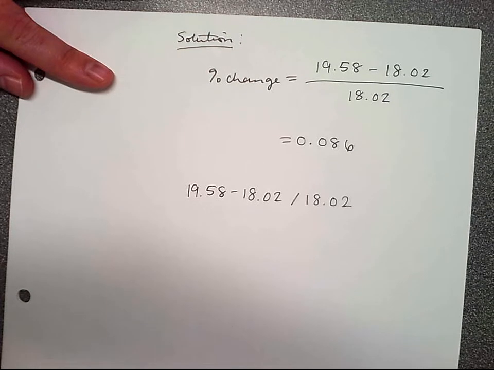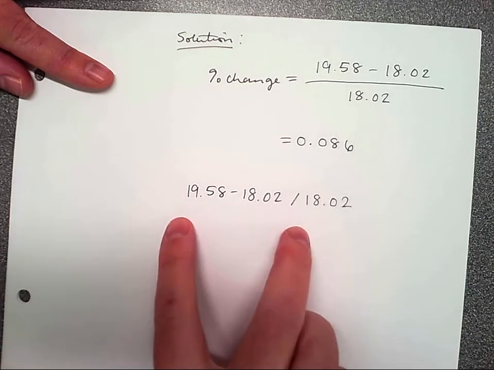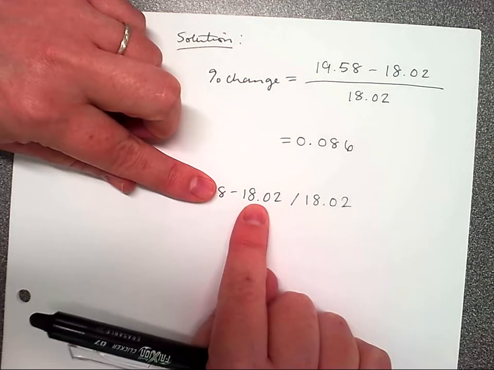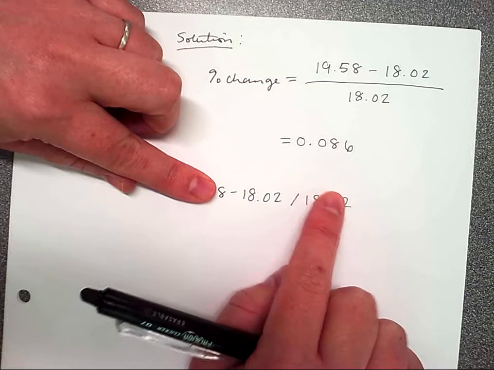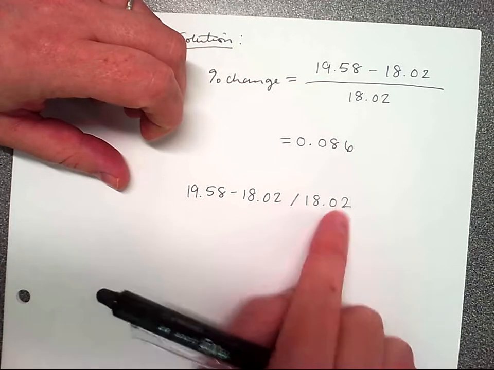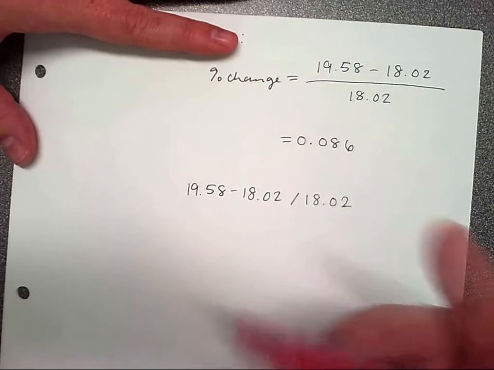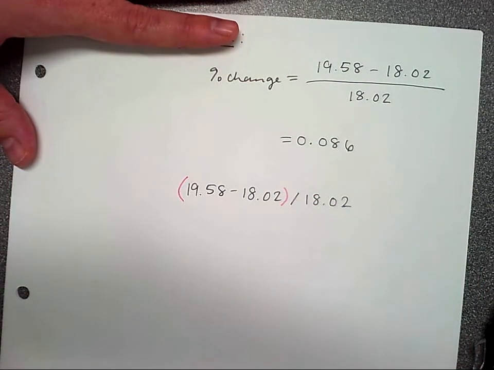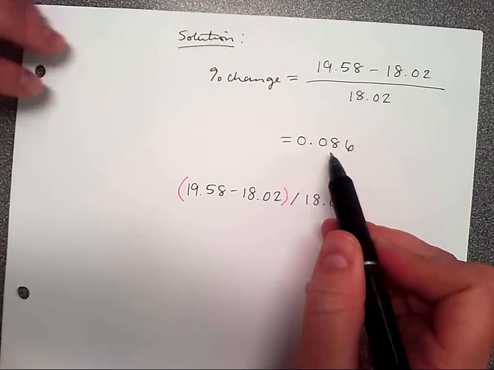So you have to think about the order of operations, right? If I type this into the calculator, this is not the correct answer. This is giving me 19.58 minus this divided by this. You multiply and divide first. This would equal 1. So you'd get 19.58 minus 1, right? So when I'm putting it into my calculator, I need to do parentheses around the numerator, right? And then you should get 0.086.